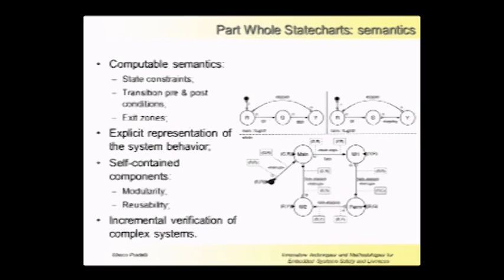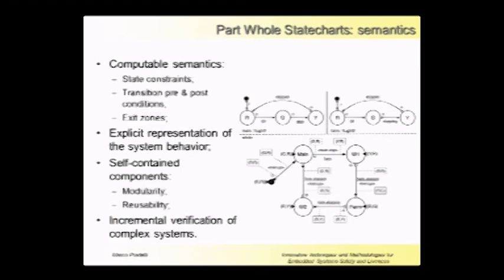This is possible because of the explicit representation and because each state is constrained by, this is a simple example, and so we formally know the set of configurations that the assembly is able to reach while a given state is active.